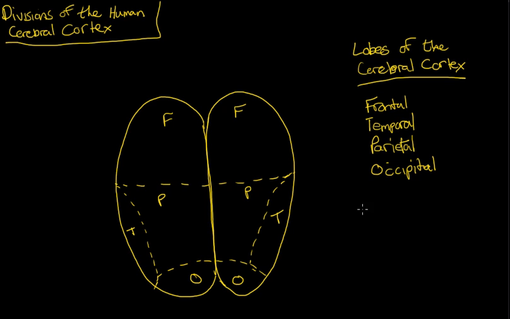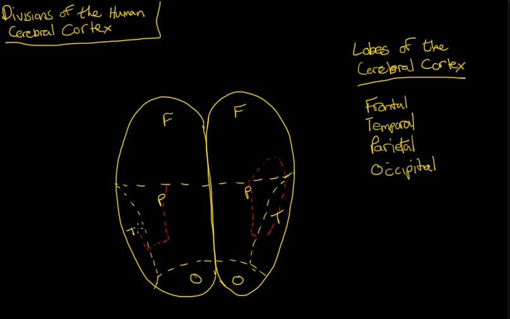You're going to have a 5th lobe called the insula that's actually found deep to the frontal, parietal, and temporal lobes. For the purpose of this webcast, I'm going to draw it right in here. I'm not 100% sure where it is. I just know that it's overlapped by parts of the parietal lobe, the frontal lobe, and the temporal lobe. So we're going to land somewhere in here.